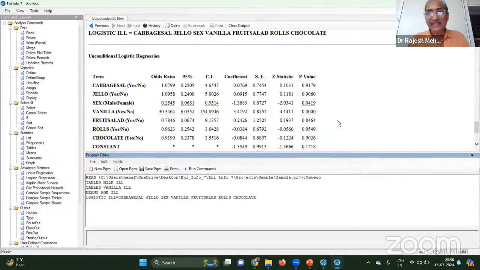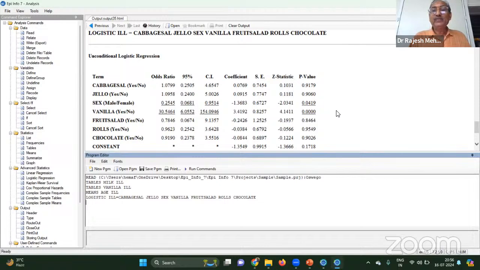So this is the last table for you. Here, the odds ratio is reversed in case of male and female. That means males are less affected, the odds ratio is point something, a reversal, and it is significant. More females have been affected, right? And in case of vanilla, yes, almost 30 times more affected. We can't use the word 30 times, but near 30 times.